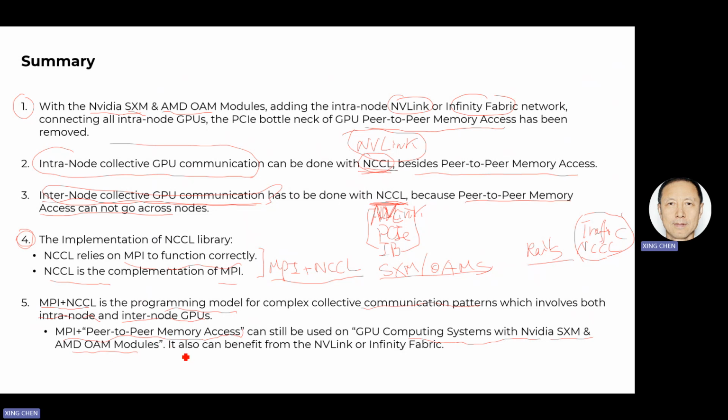But it can benefit from the NVLink or the Infinity Fabric link to make their peer-to-peer memory access faster. So it's beneficial for them, but the right choice to deal with complex communication is this MPI plus NICO programming model. Okay, by this summary, I'm going to stop here.